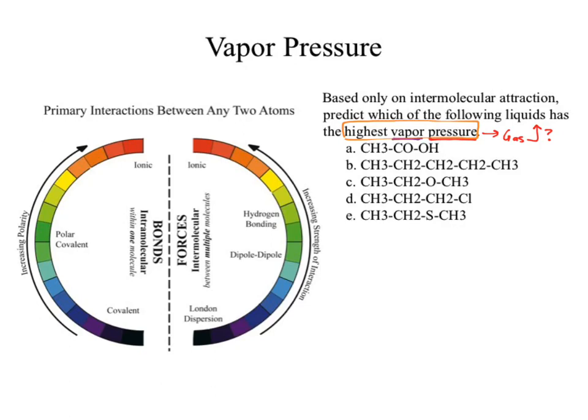The highest vapor pressure is going to coordinate to a lot of gas, which means a low boiling point. Okay, because the lower the boiling point, the more likely it's going to be in what phase? The gas, which is exactly what we're saying here. High vapor pressure, a lot of gas, low boiling point. How do I get a low boiling point?